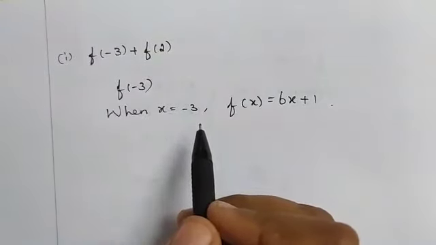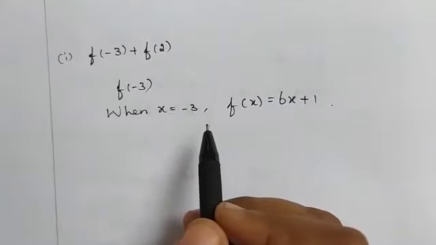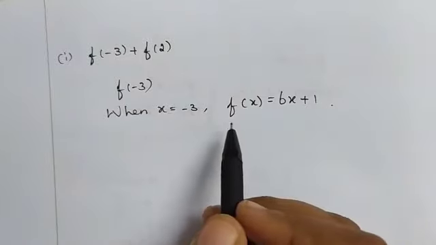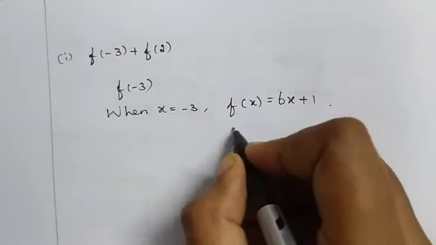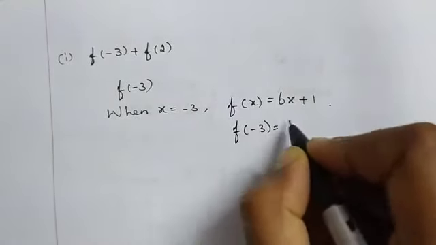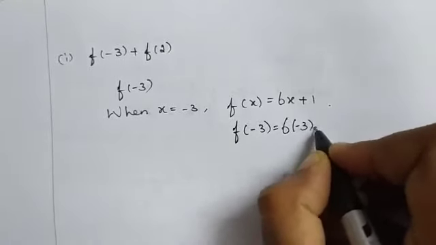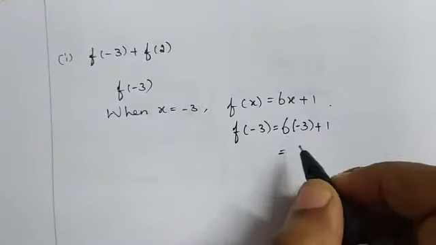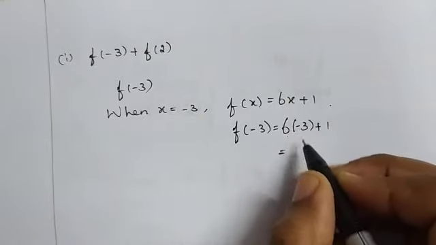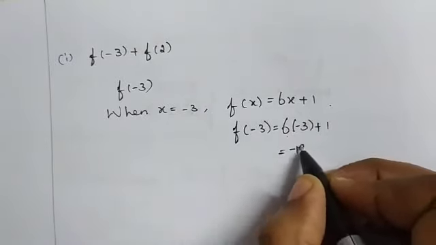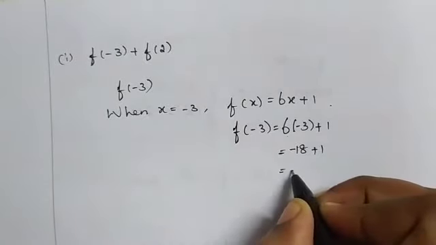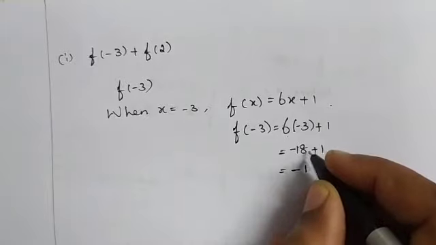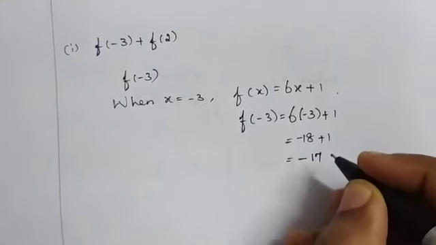Already we wrote with the pencil. Minus 3 is in the first line. Therefore, take the first line formula, that is f of x is equal to 6x plus 1. f of minus 3 is equal to 6 into minus 3 plus 1. 6 3s are 18. Here you have minus, therefore minus 18 plus 1. That is different sign here, therefore biggest number sign, and subtract, 18 minus 1, 17.